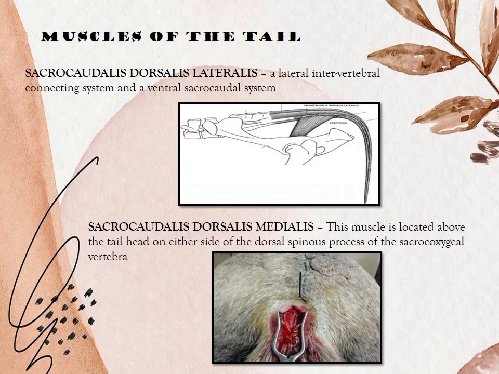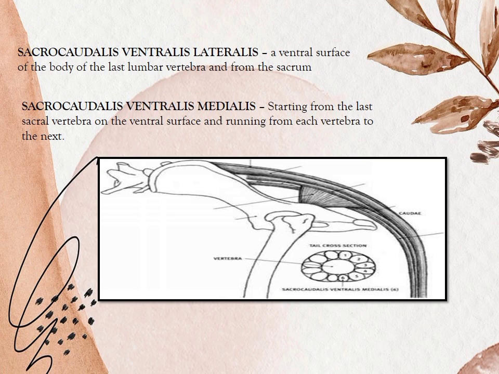Sacrocaudalis ventralis lateralis. This is from the ventral surface of the body of the last lumbar vertebra and from the sacrum. Sacrocaudalis ventralis medialis, starting from the last sacral vertebra on the ventral surface and running from each vertebra to the next.